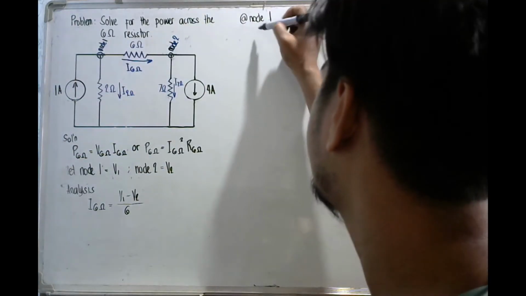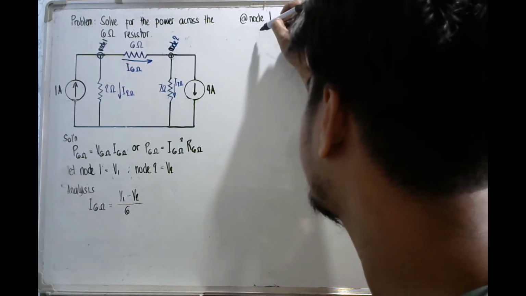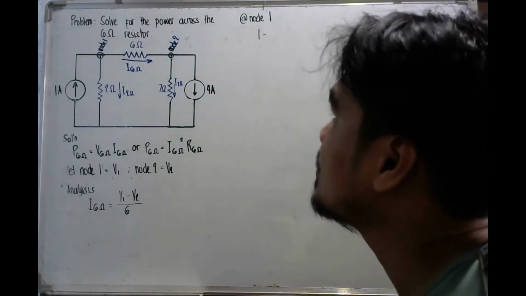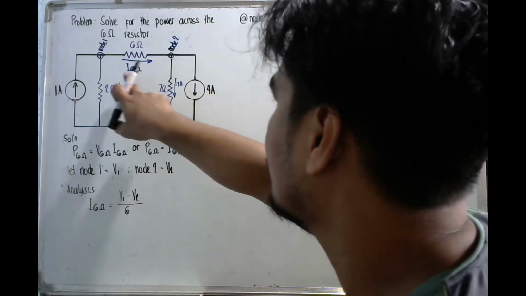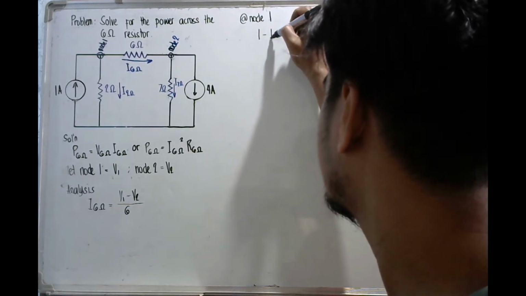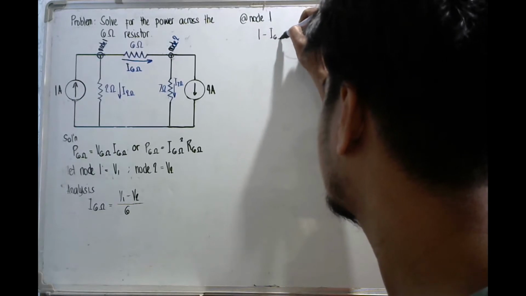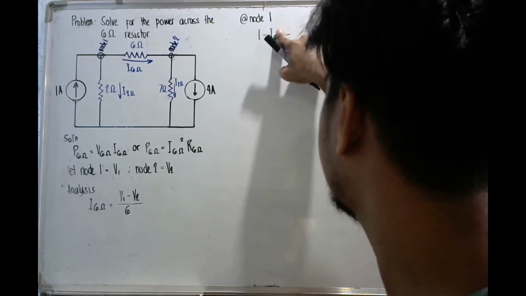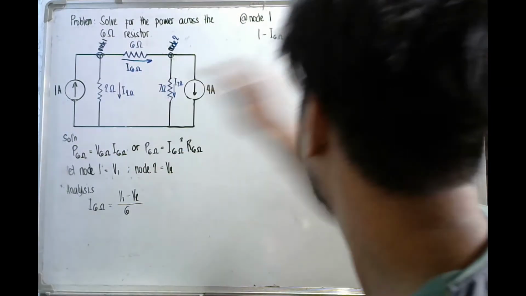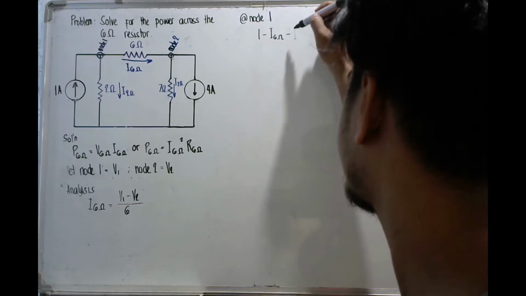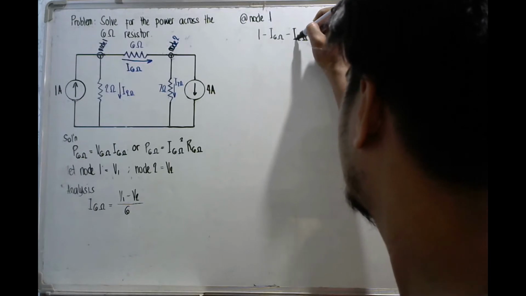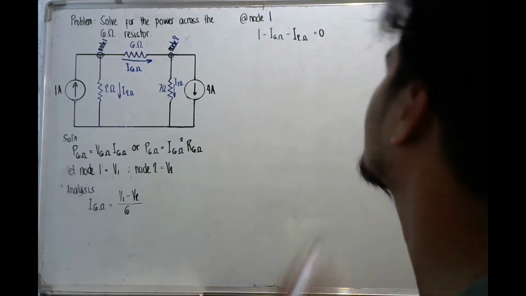So 1 minus the current leaving node 1, so you have I6 ohms minus the current leaving, that will be I2 ohms, is equal to 0.